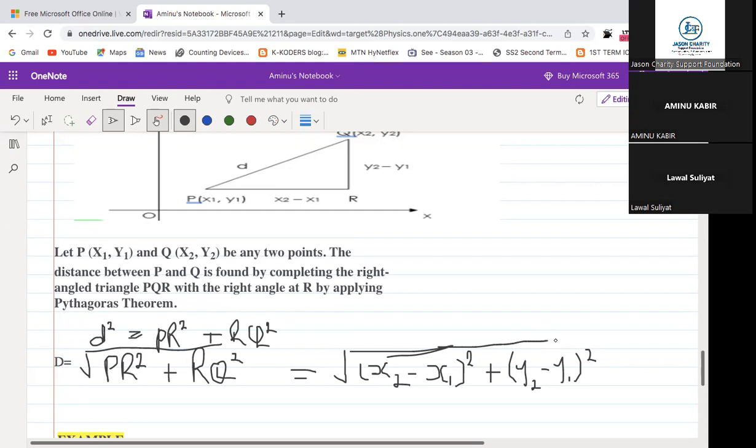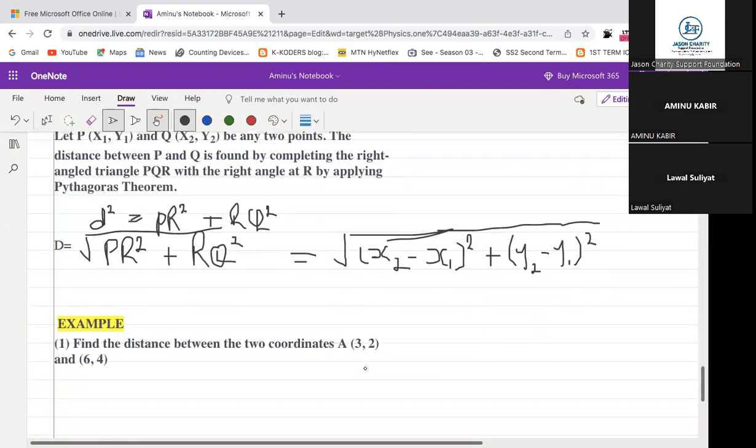So with this, you'll be able to calculate the distance between 2 points.